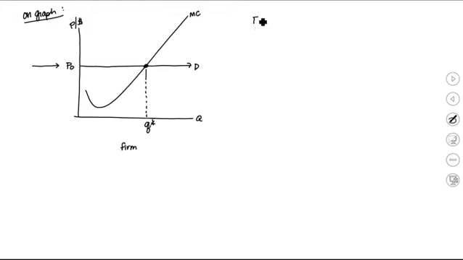So if we want to find economic profits, remember our equation. We need total revenue. And what do I need to subtract off? Total revenue minus total cost, right? But we have to remember this is economic profit.